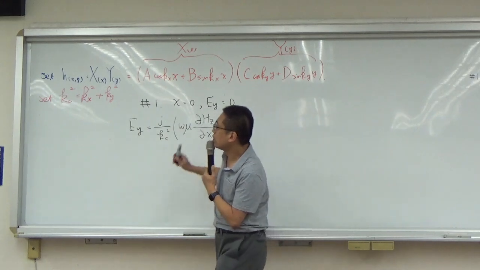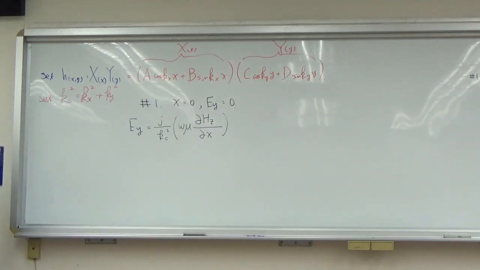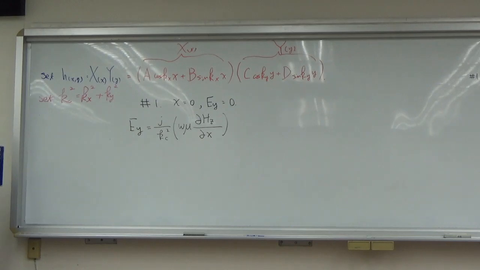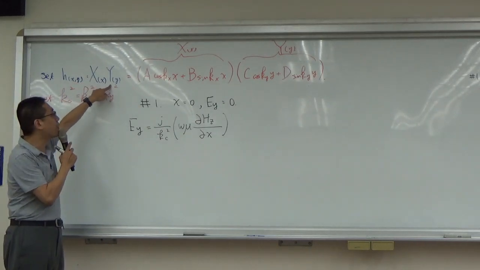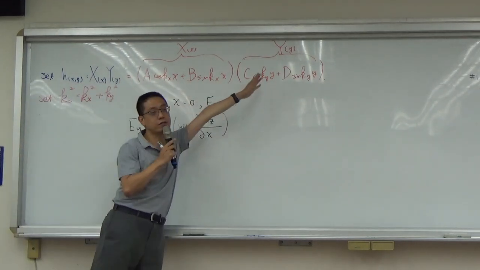HZ is small hz multiply the exponential term. And this is not important. This is not relevant. So small hz is more important. And the small hz is capital X and capital Y equals to this term.